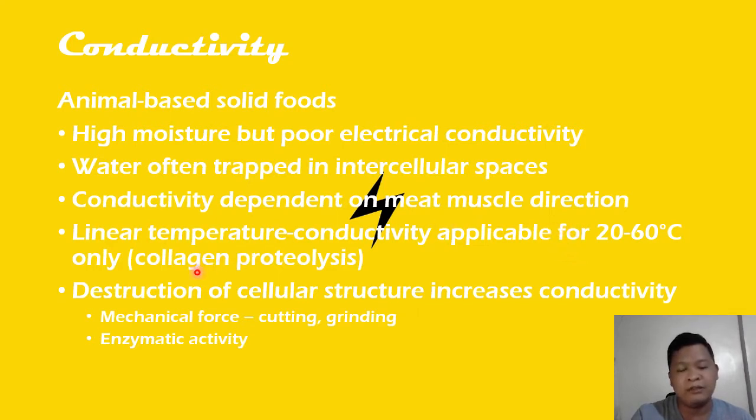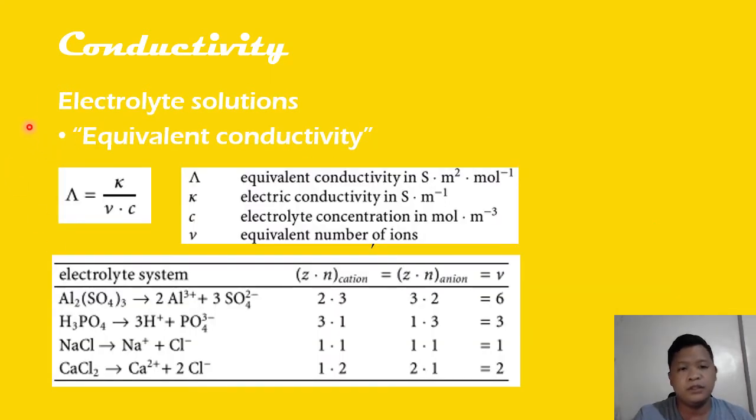As usual, with plants, ganun din sa animal cells, destruction of the cellular structure will increase the conductivity, such as through the use of mechanical force, such as in cutting or grinding your meat, or in using enzymes that would soften your meat and change their structures. So we also have here equivalent conductivity, which is comparing different solutions or electrolyte systems.